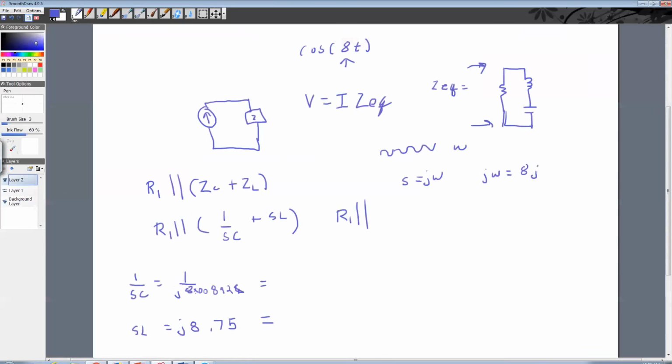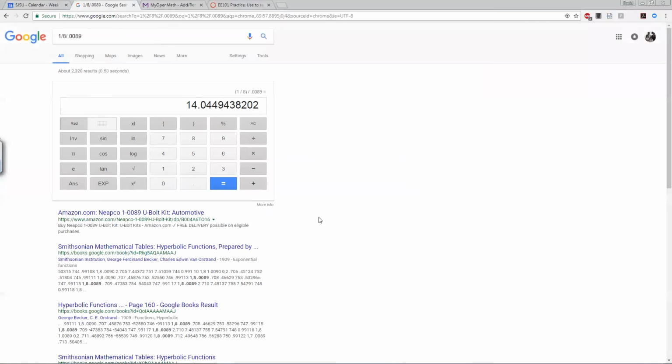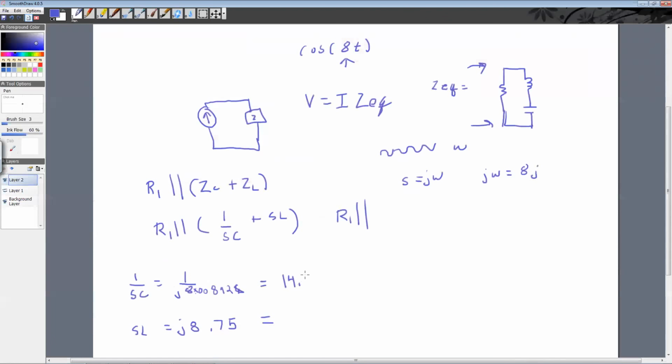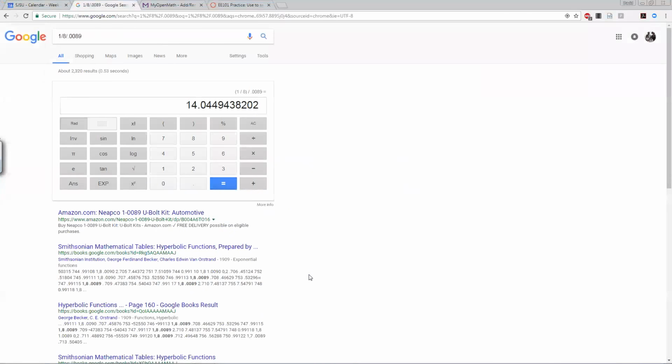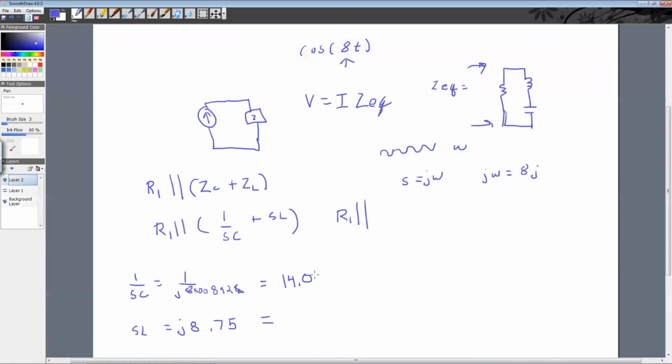So we get 14 point. I think it was. Oh, sorry, my memory. 0.045 ohms. Now, something that you really have to memorize is that 1 over J is going to be minus J. All right.